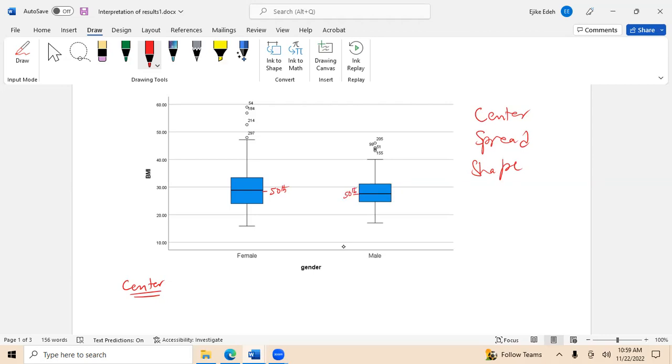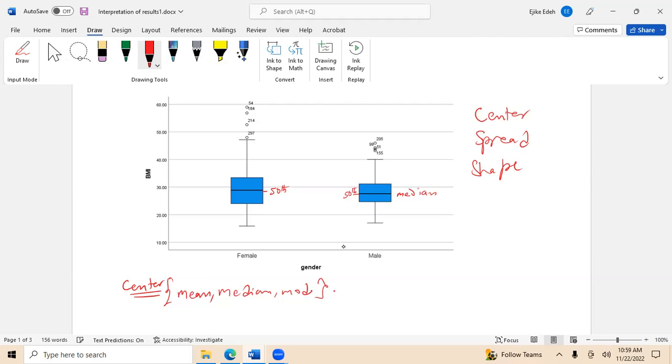So that could be the median, or you could look at it as the center of the data, because for the center we use mean, median, and mode to capture the center of the data, these three items. If we have the median in the box plot as a measure of center, then we can compare them, and we see here they are more or less the same, right?